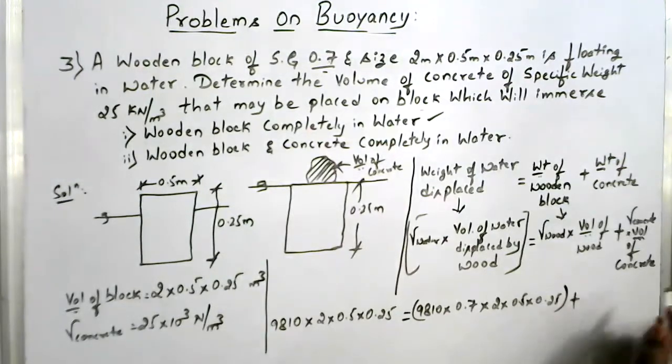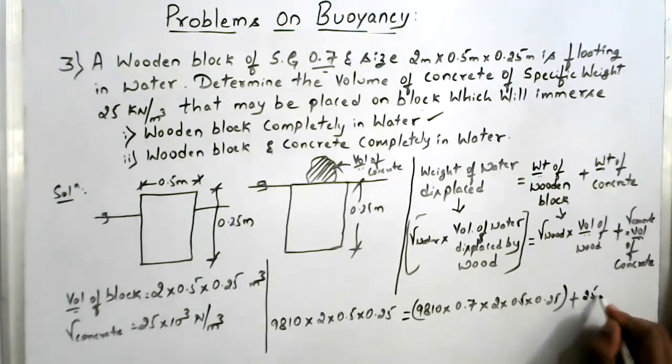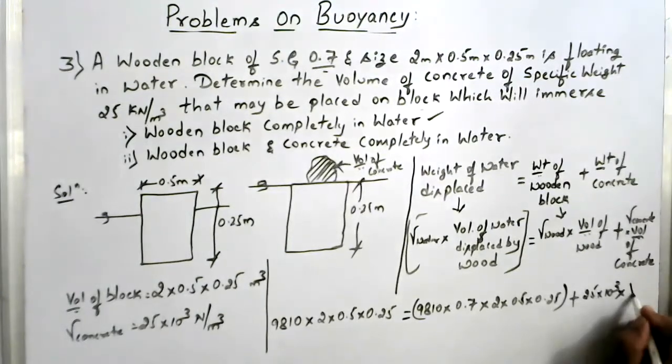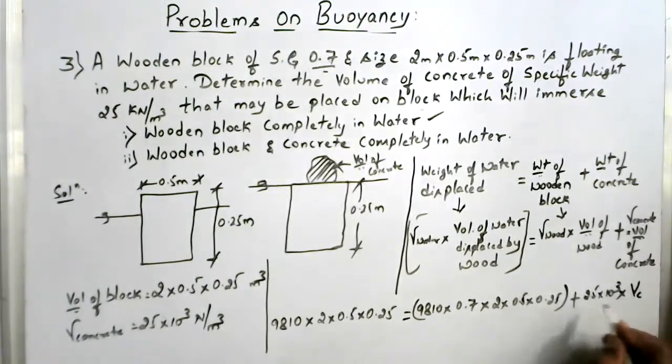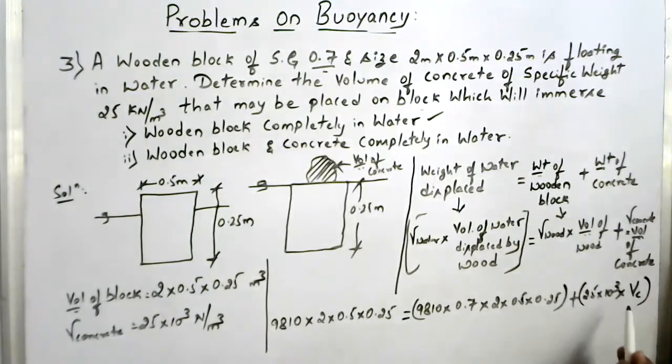Plus, what is gamma of concrete? Gamma of concrete he has given, that is 25 into 10 power 3. The volume of concrete is unknown. That is what you have to find. I'll take it as V suffix C, the volume of concrete. You simplify this: 9810 into 2 into 0.5 into 0.25 is equal to 9810 into 0.7 into 2 into 0.5 into 0.25 plus 25 into 10 power 3 into VC.